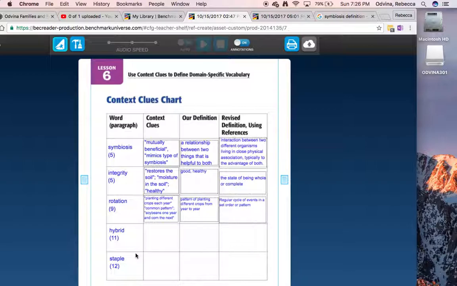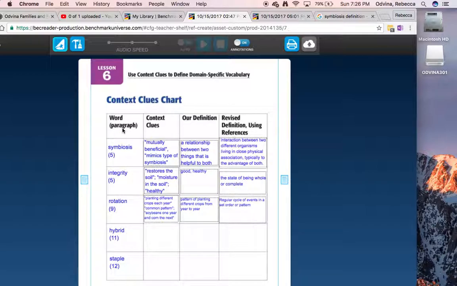Now, boys and girls, I want you to go and do hybrid and staple. You're going to do the same for hybrid and staple, and you're going to write a definition of the word in the margins of the text. I also want you to create this table so that you need 3 rows, one for each of the columns, the title of the column.